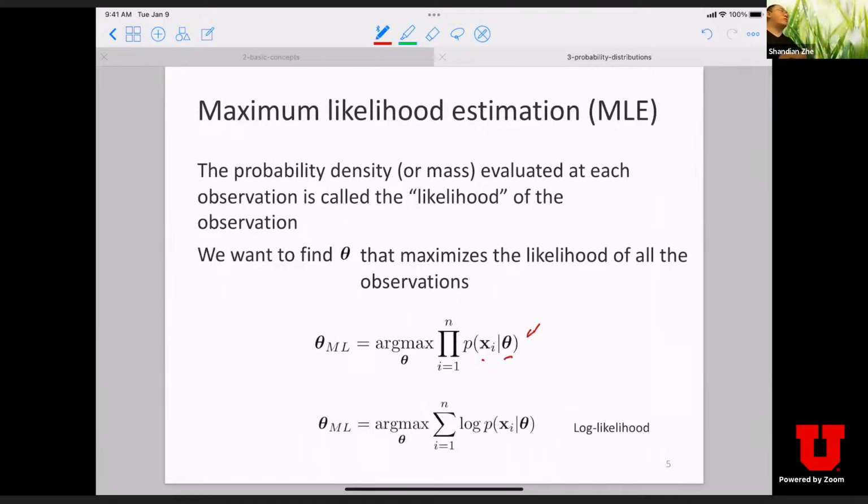In other words, it's unlikely that you observe a rare event, a low likelihood, a low chance event to happen. That's why we want to maximize the likelihood according to the distribution, so that under these optimal parameters, those observations have the largest chance to show up.